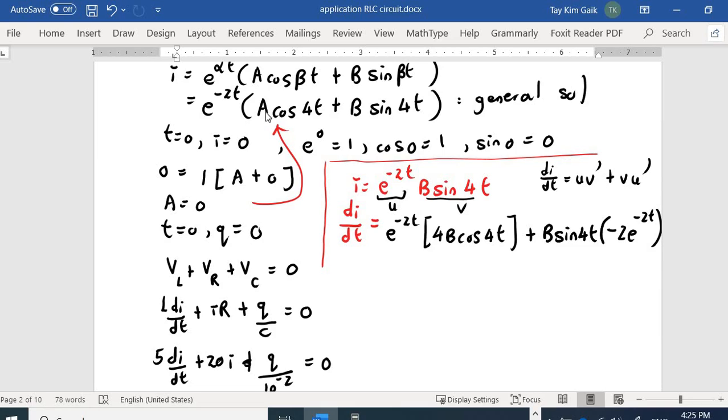Now we plug in t equals 0, dI/dt equal to 0. Exponent 0 gives 1, cos 0 is 1, so 4B. Sin 0 is 0, so 0.